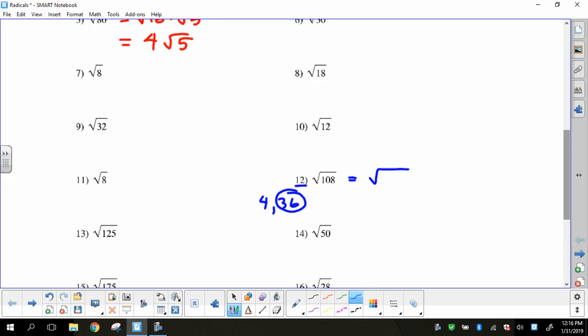So we're going to use that in simplifying this. So the square root of 108 is the square root of 36 times the square root of 3, since 36 times 3 is 108. And the square root of 36 is 6. So in simplest radical form, the square root of 108 is equal to 6 times the square root of 3. Let's move on to the next page.